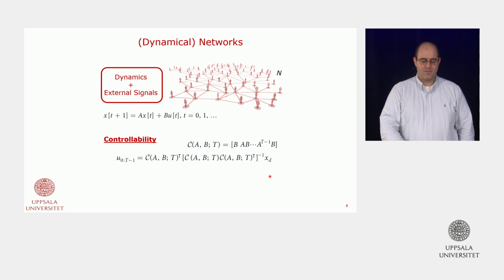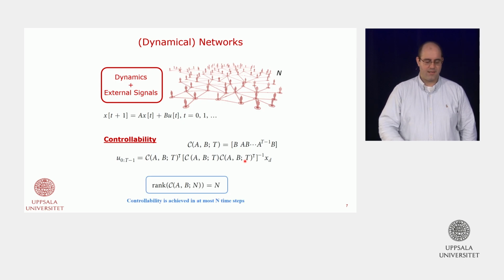That said, if we look here, we can see that there's a kind of condition that jumps to our eyes, which is that this matrix here has to be invertible, which means that this will be achievable if the rank of this matrix, the controllability matrix, is full, meaning that it is equal to capital N. But notice here that actually there is something different.